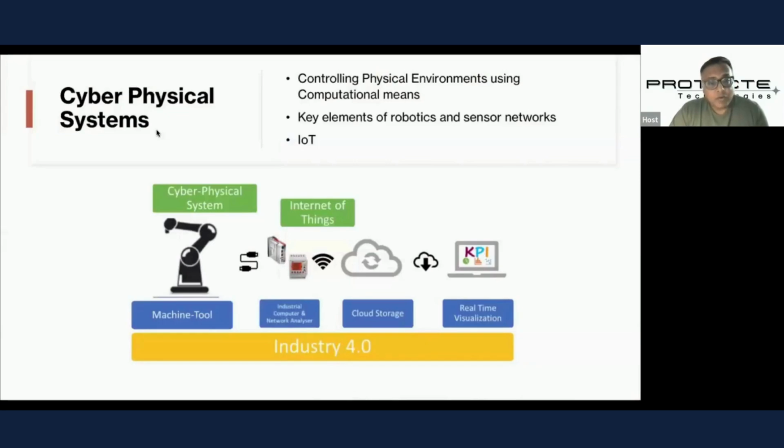And finally, over a period of time, we have realized that a lot of production systems rely on databases and networks to carry out a task. The machine tools become physical systems connected over a network with a backend which could be in the cloud. Such systems make use of IoT, robotics, and sensor networks to create something called a cyber physical system, which is now termed as Industry 4.0.